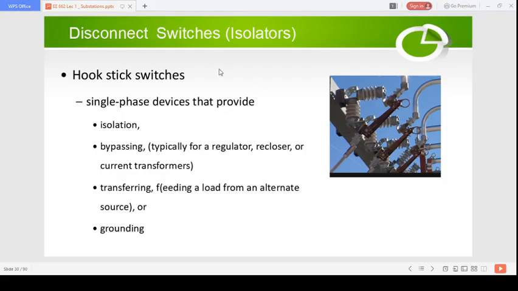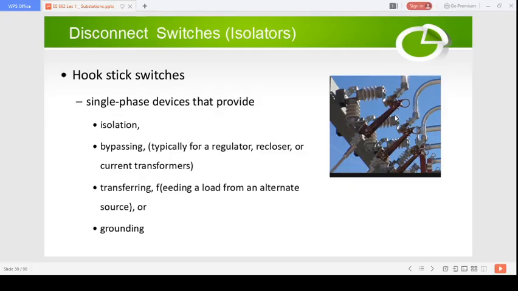Okay, then the other type of isolators are these hook stick switches, which we have shown here. These are basically a single phase device that provides isolation, and can also provide bypassing, typically for a regulator, recloser or current transformer.